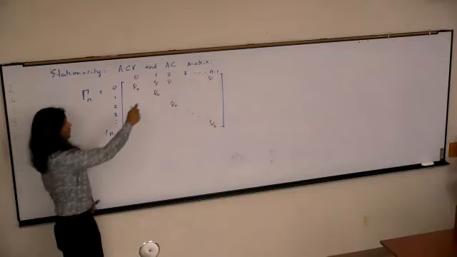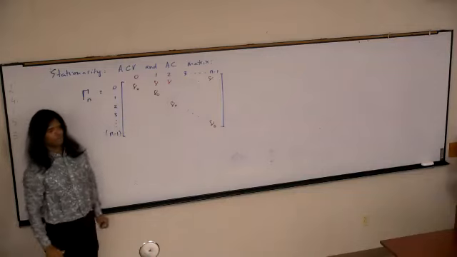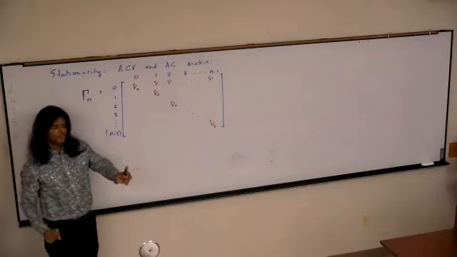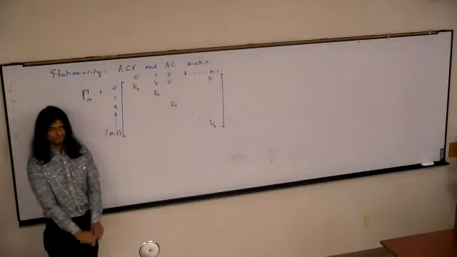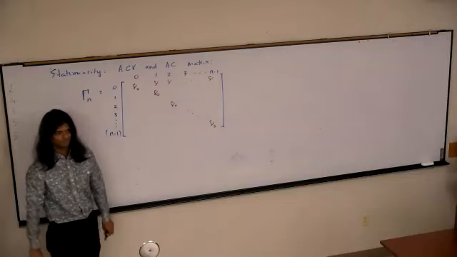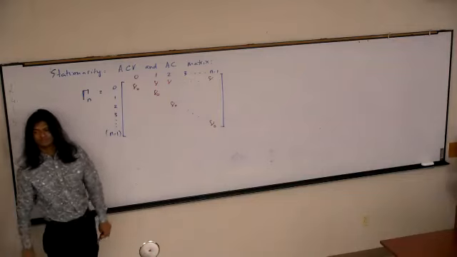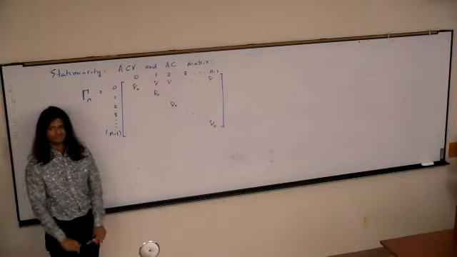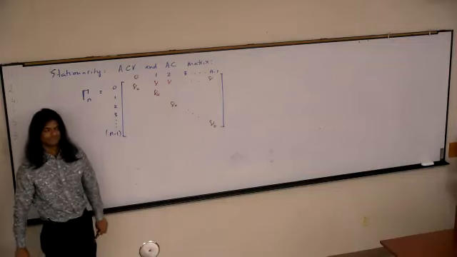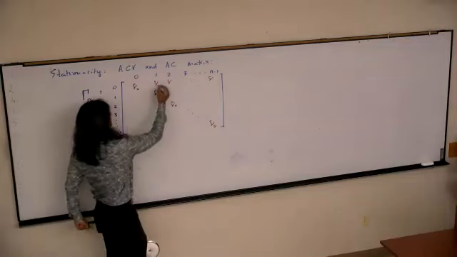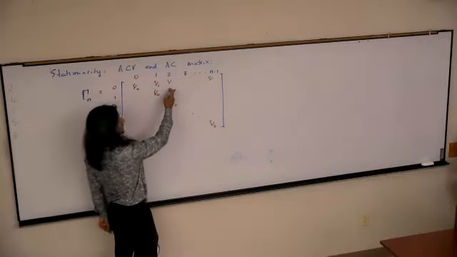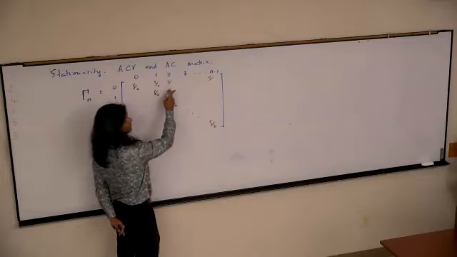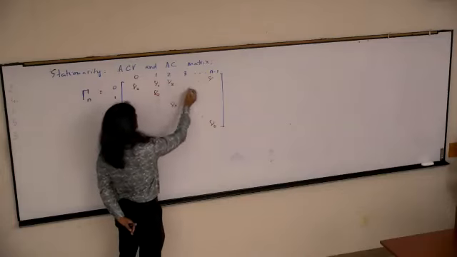What should go up here? Covariance between xt and xt minus 1. A lag of 1. Very good. Lag of 1. Take a guess. The next one. 2.